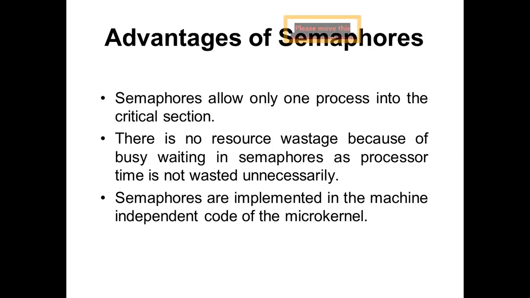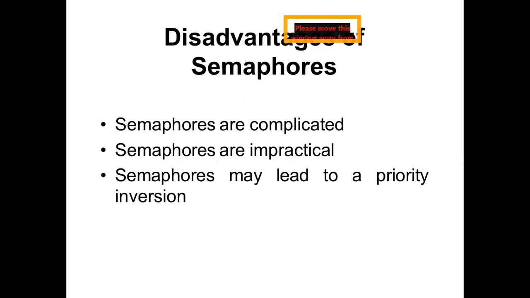Semaphores are implemented in the machine independent code of the microkernel, during the writing of the operating system, because these signals will be handled by the operating system. So these are the various advantages of semaphores.